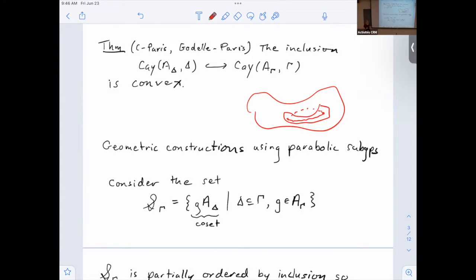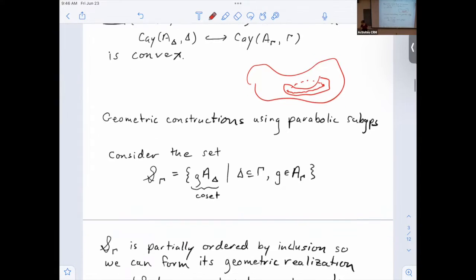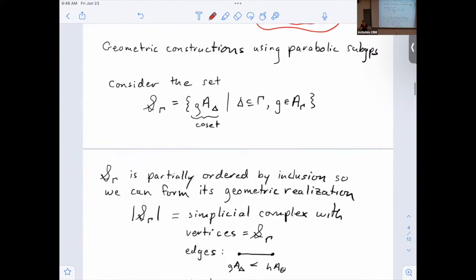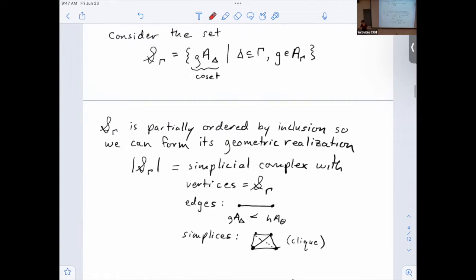Well, anytime you have a partially ordered set, you can associate to it what's called the geometric realization of the partially ordered set. So how do we make a geometric realization of a partially ordered set? Well, it's a simplicial complex. I'm going to build you a simplicial complex, and its vertices are exactly the elements of the partially ordered set.